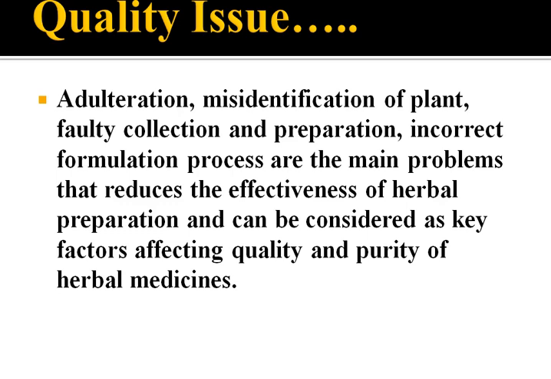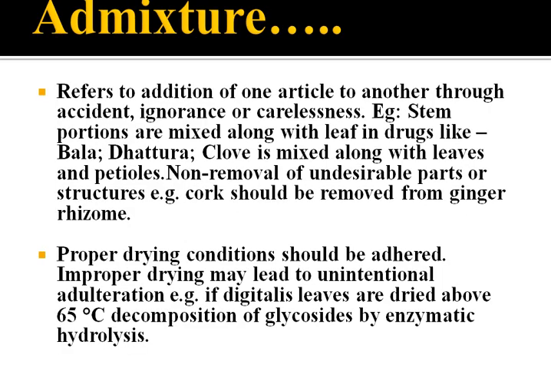It means if the plant part is not identified properly, or it is adulterated, or the method of collection and preparation is not proper, the effectiveness of the herbal preparation is reduced, which affects the quality and purity of the herbal medicine. So this is one of the challenges, and it comes under the category of quality issue.